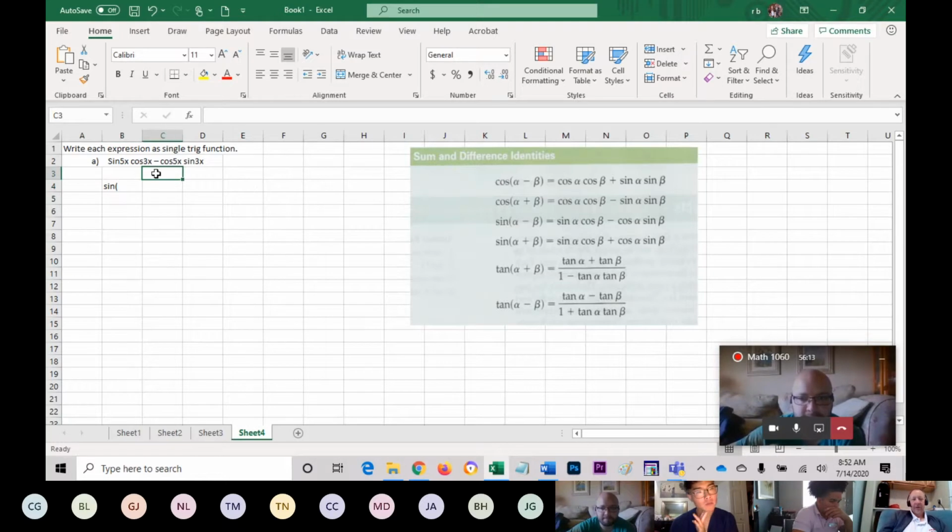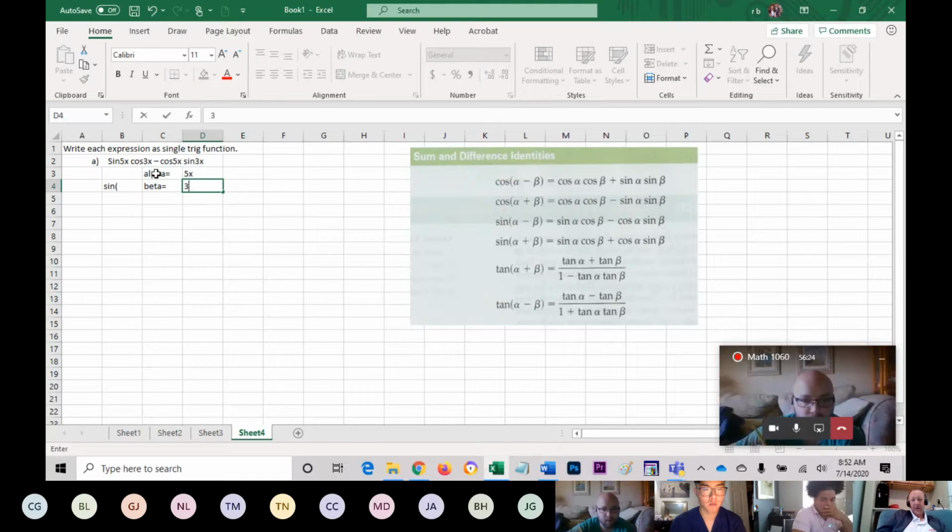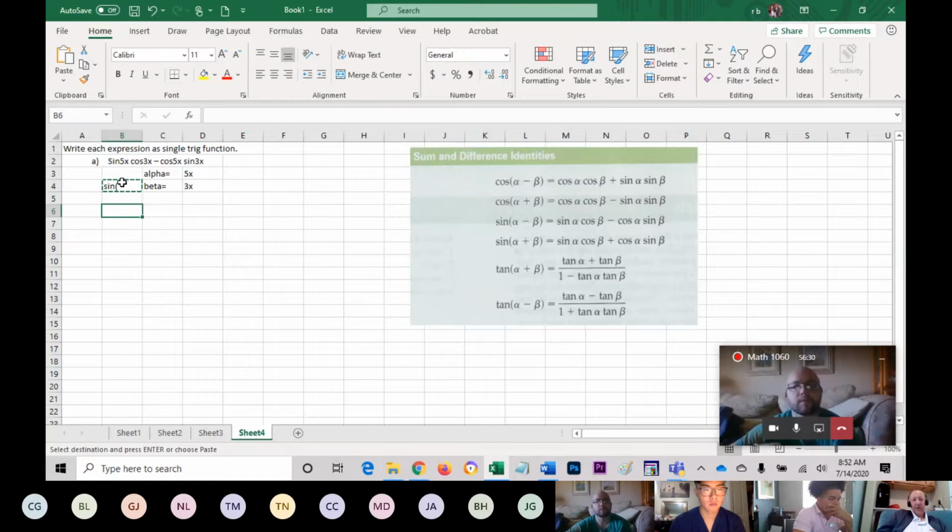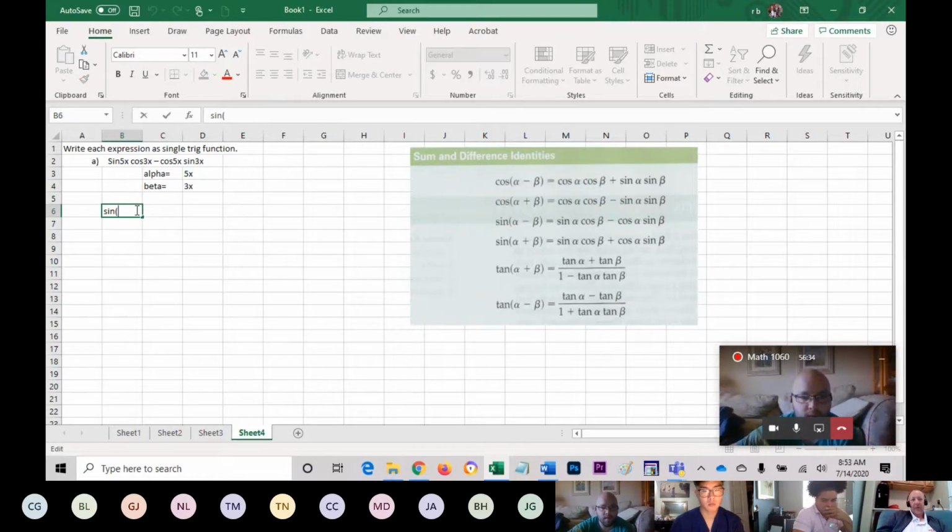Okay, so let's talk about this for a second. Alpha, in this case, is going to equal 5x, and beta is going to equal 3x. You told me already that we were using rule 3, right? I'm going to call this A and B, because that's going to be easier.